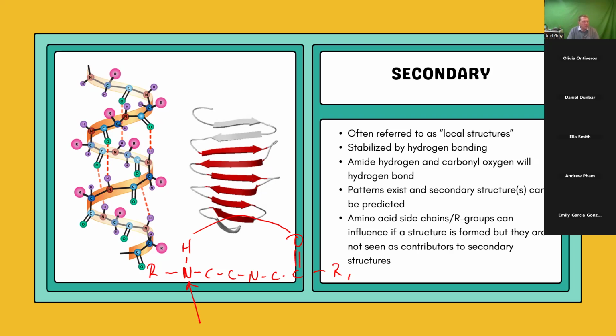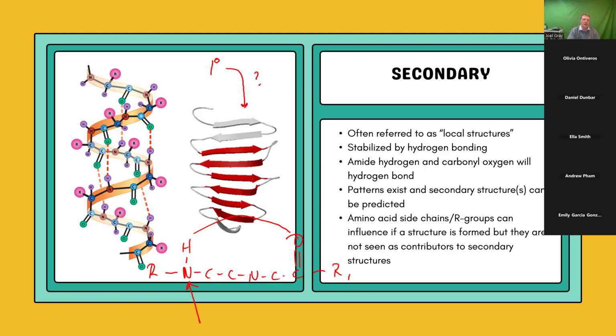Now, patterns exist and secondary structures can be predicted. What that means is that if you know the primary structure, which is many times denoted as 1 followed by a naught, kind of like 1 degree, that 1 naught indicates primary structure. If you know the primary structure of a protein, you can predict and guess, does it fold like this?